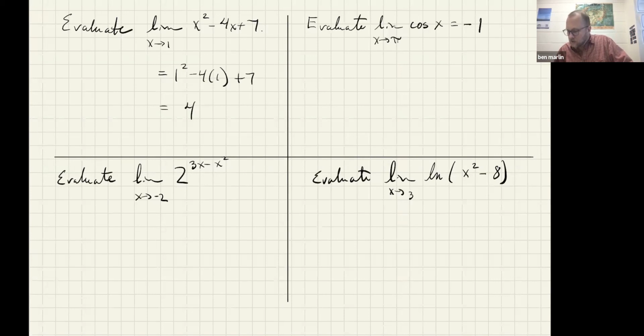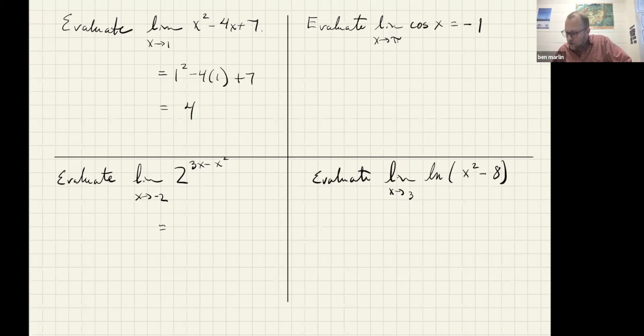So exponentials seem really intimidating, but exponentials are actually super nice. They're not doing any sort of division or square rooting of negative numbers. So you can generally just plug into those. So I'm going to do this limit as x goes to -2.